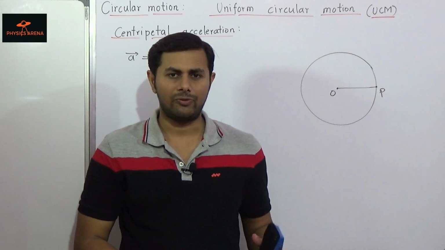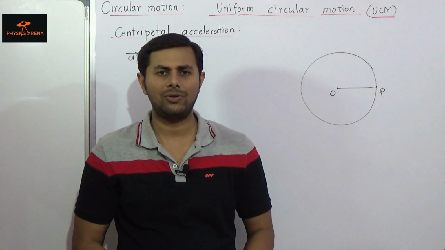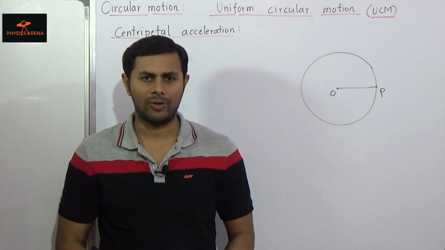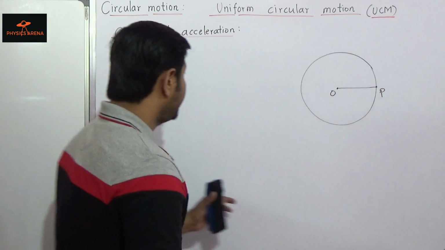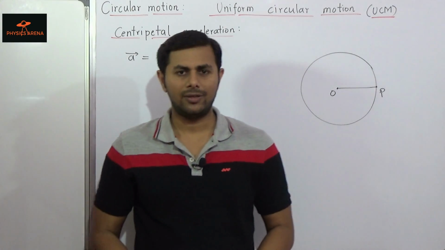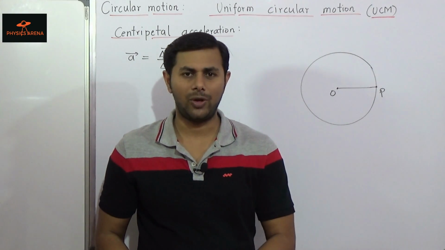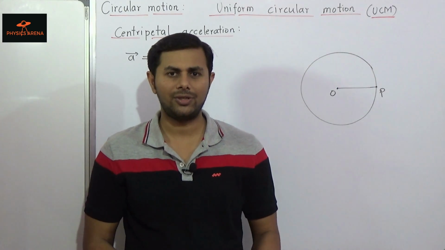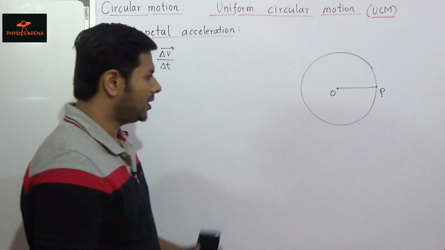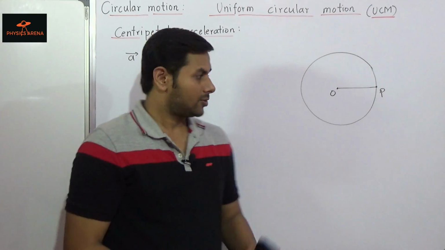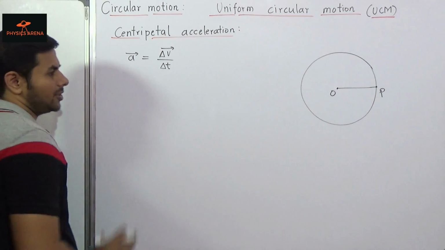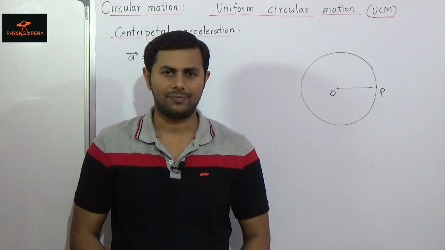So there can be change in velocity if there is change in magnitude of velocity, or even if there is change in direction of the velocity. And in uniform circular motion, the magnitude of velocity, which is speed, remains constant at each and every point, but the direction of velocity, which is tangential to the path of the particle, keeps on changing. So that's why we have change in velocity, and that's why we have acceleration in uniform circular motion.